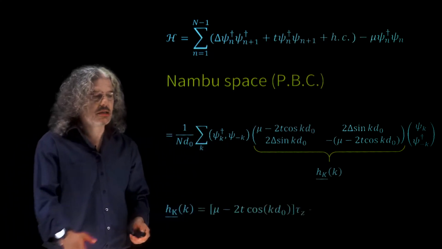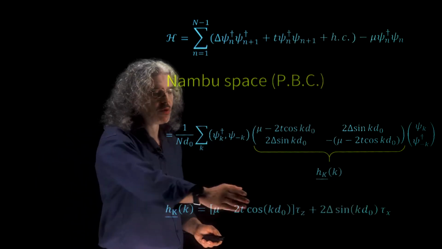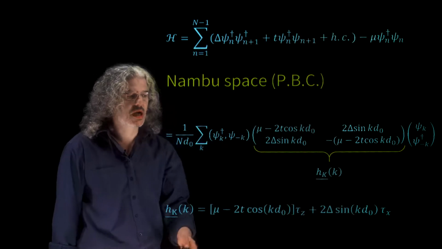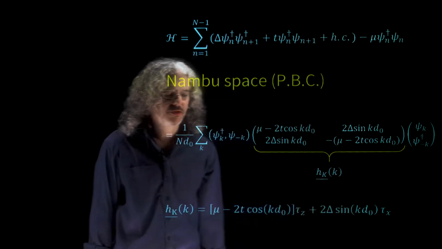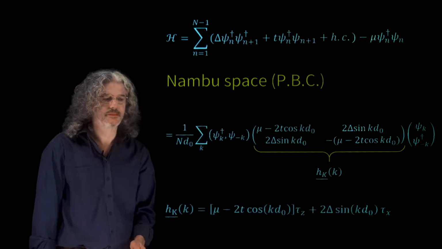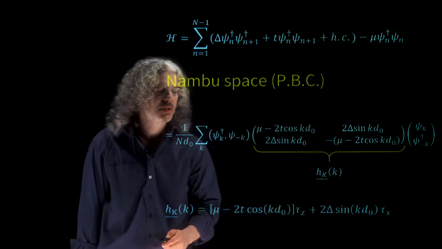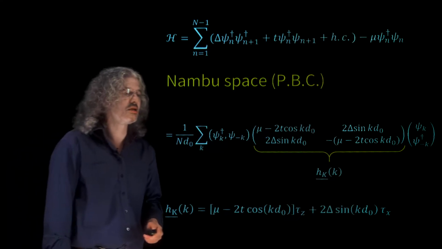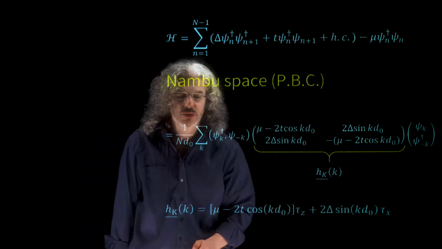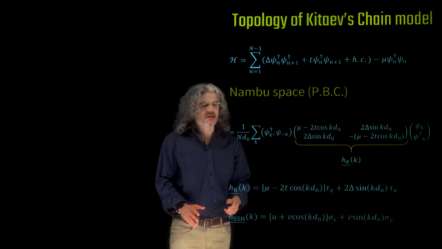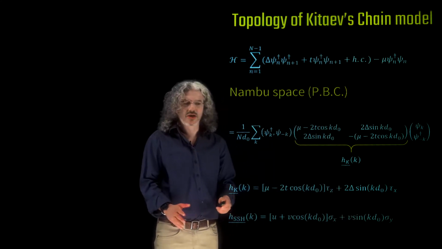So h_K can be written in terms of the Pauli matrices in the Nambu space, tau z and tau x, in the following way: mu minus 2t cosine k d naught multiplying tau z, and 2 delta sine k d naught multiplying tau x. I remind you that the SSH model was very similar.